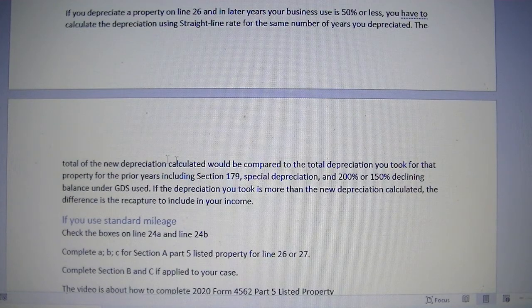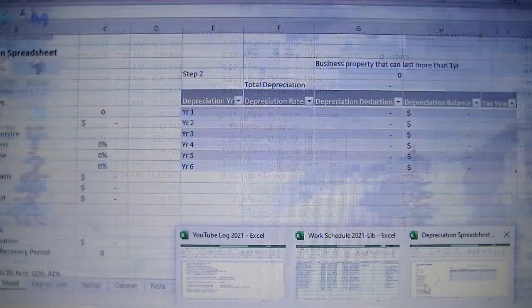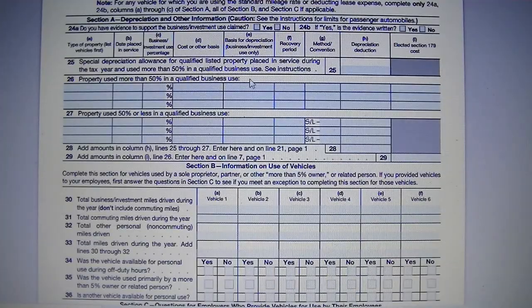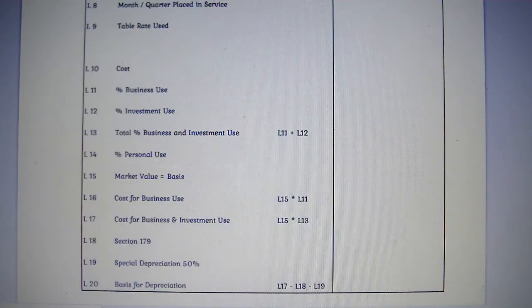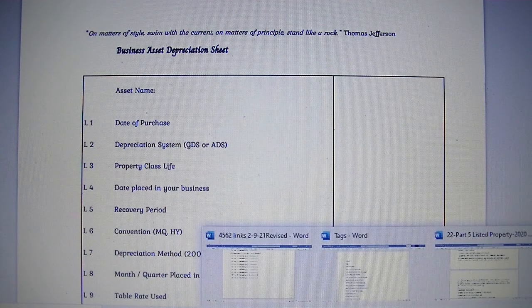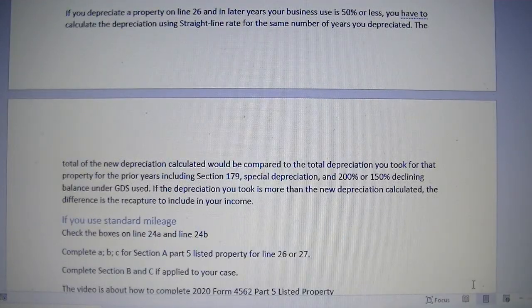So you'll have to go back to, if you are using a depreciation spreadsheet or depreciation worksheet, PDF, you pretty much have to calculate for the number of years that you depreciated the item.